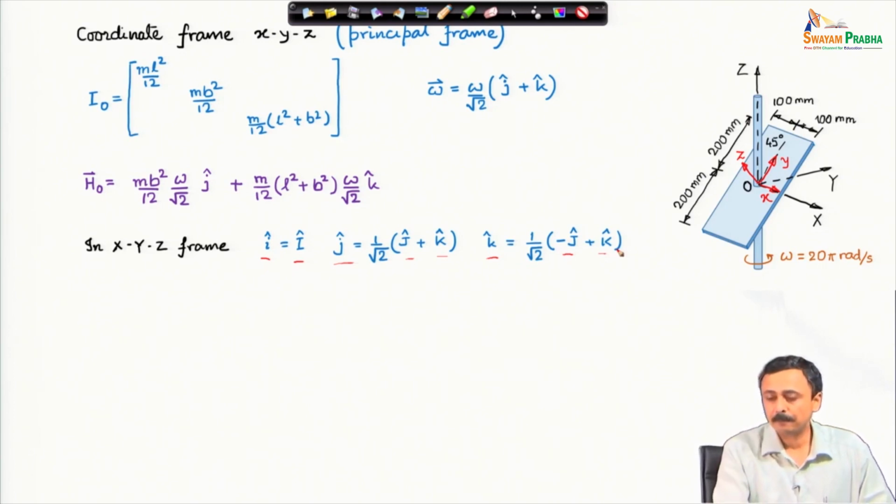You can very easily notice that small i cap is the same as capital I cap, and j cap and k cap have the corresponding representations that I have written out.